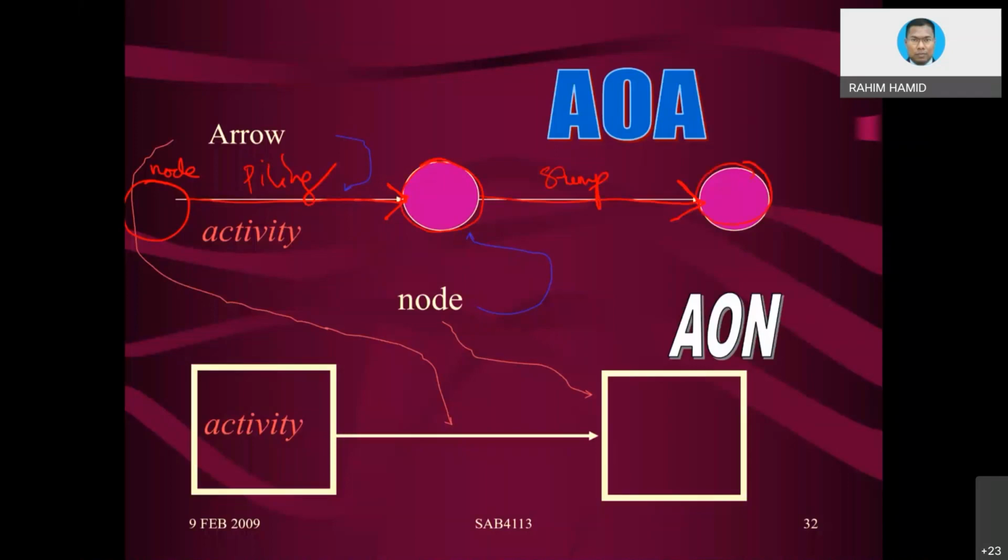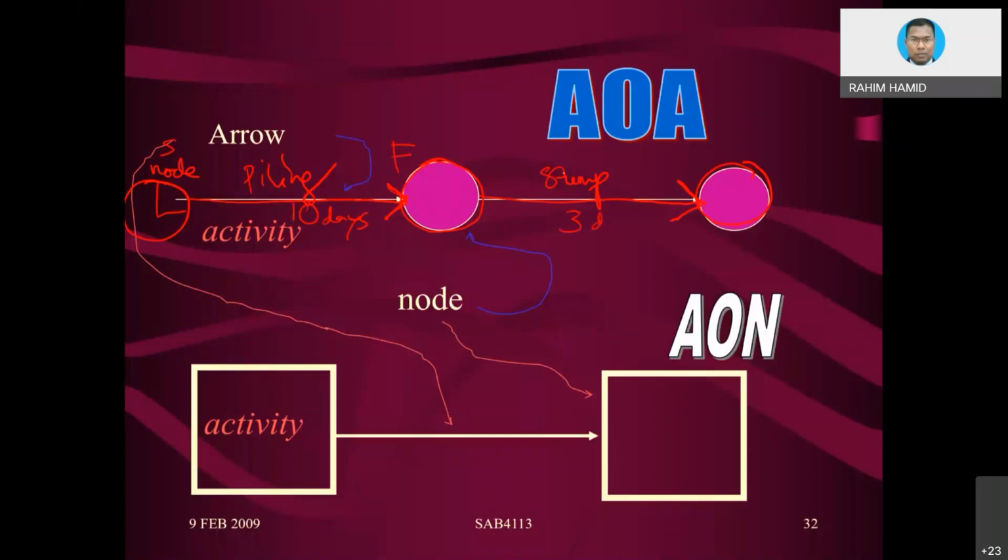On the left side, at the node here, you start your activity. The start is basically on the left side. When you reach the next node, that is the finish of the activity. The activity could be running for, let's say, piling for 10 days. So you write 10 days at the bottom of the arrow to indicate it. And stum, let's say, lasts for 3 days.